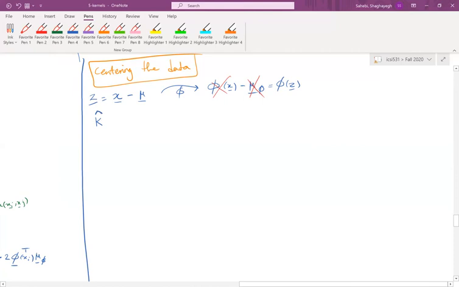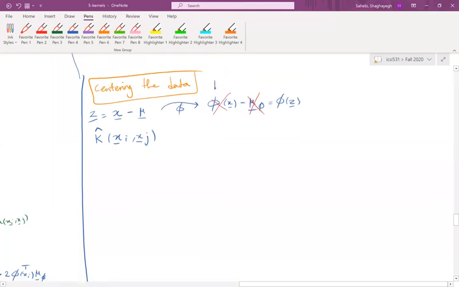I put a hat here to represent the centered kernel between every pair xi and xj instead. Well, we know that originally the kernel between xi and xj is equal to phi of xi transpose phi of xj, right?